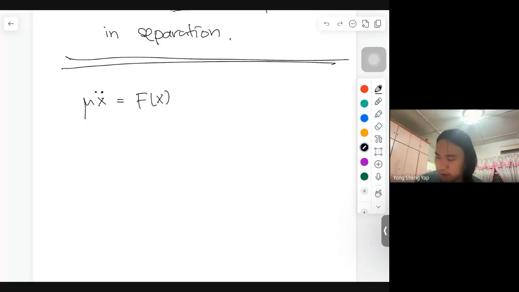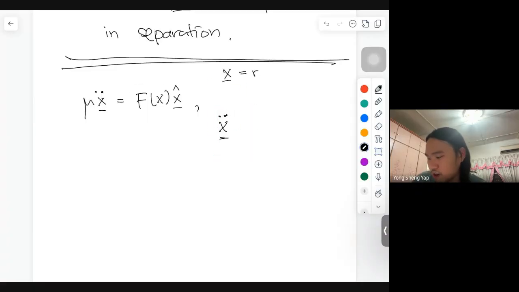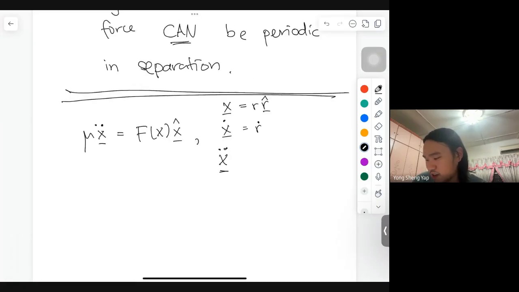One thing I will say is that I don't know if Susan had taught it in the first lecture or the second lecture, but because the equation of motion involves a 3D vector of the separation, remember that x is equal to r r hat, x dot is equal to r dot r hat plus r theta dot theta hat.